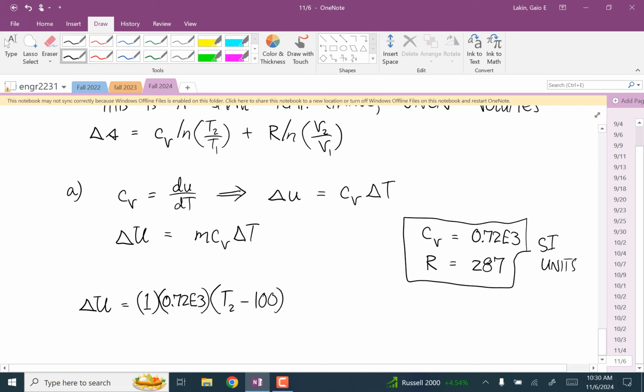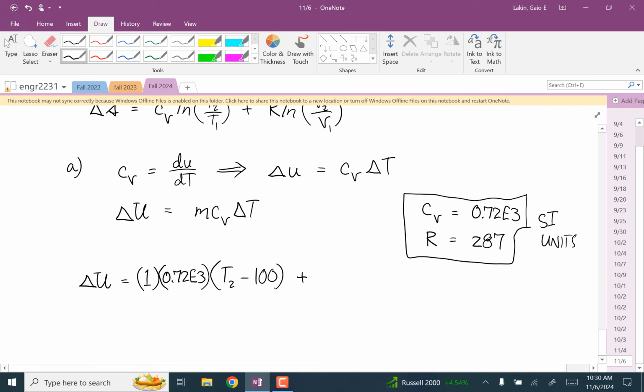Since we're using a difference in temperatures, we used Kelvin in the last example, we're using Celsius in this one. That's fine as long as that's a difference in temperatures. And then we're adding that to the change in internal energy for the bigger volume of lower temperature gas. That was 2 kilograms times 0.72 times 10 to the third times T2 minus 20. And since there's no energy transfer, this comes out to be equal to 0.